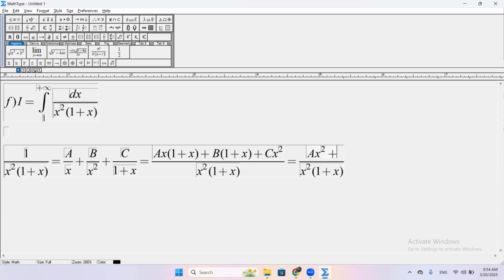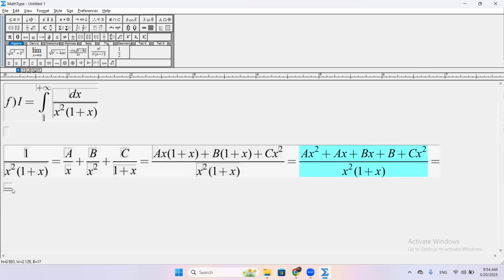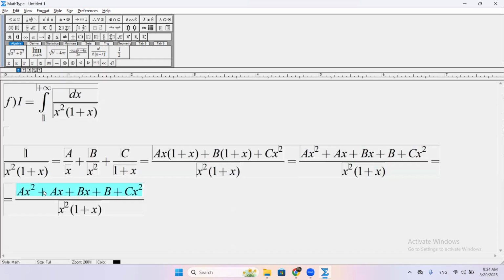So ax squared plus ax plus bx plus b plus cx squared. Now let's regroup them: a plus c times x squared, plus a plus b times x, plus b.